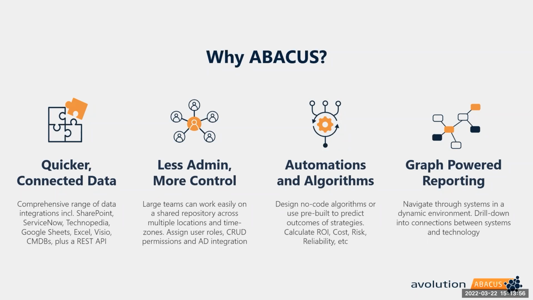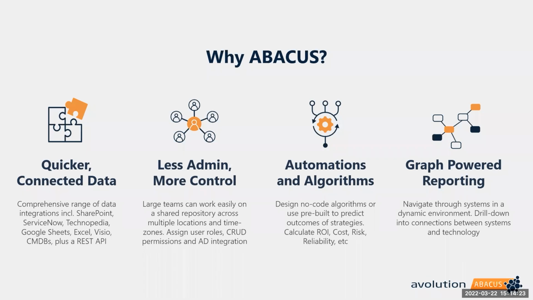And then algorithms and automations, again, is really the direction we're headed. You know, modeling has always been a standard part of EA tools or enterprise architecture in general. We have these, what we call diagram-driven situations, but we really do want to be moving towards a data-driven situation, where if we are trying to calculate costs or risk or resiliency, these are all metrics that we can leverage from other metrics.